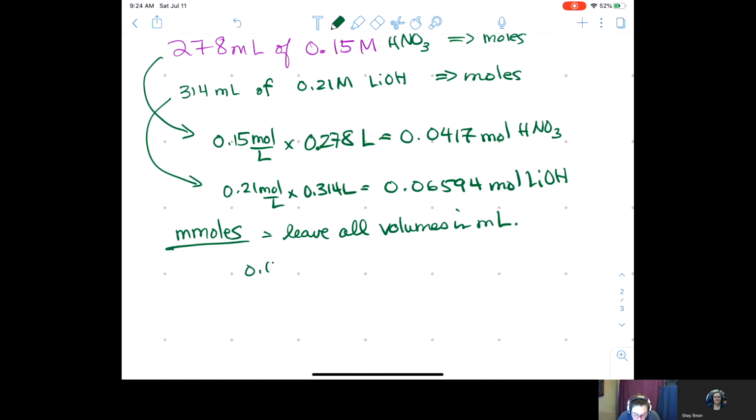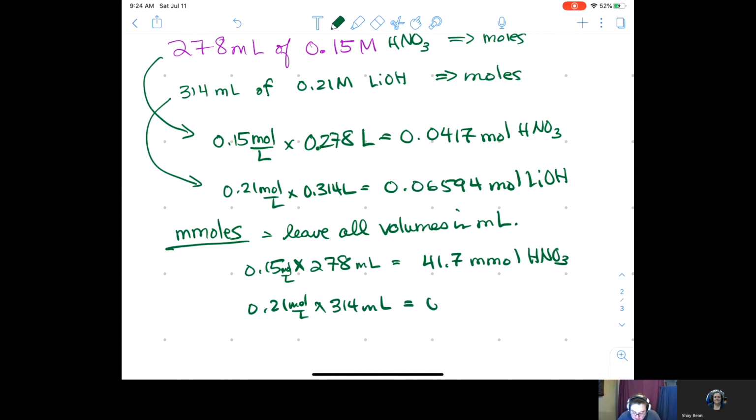We would take the 0.15 times 278 instead of 0.278, and that gets us 41.7 millimoles of nitric acid. We would take the 0.21 moles per liter times the 314 milliliters, and that would get us 65.94 millimoles of lithium hydroxide.